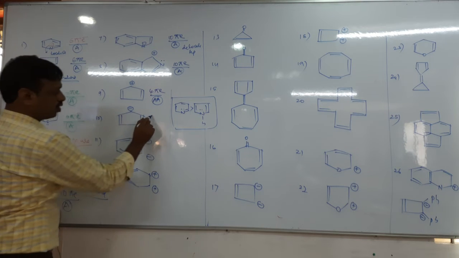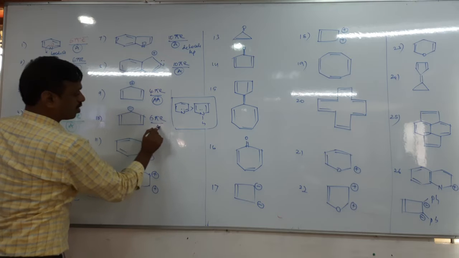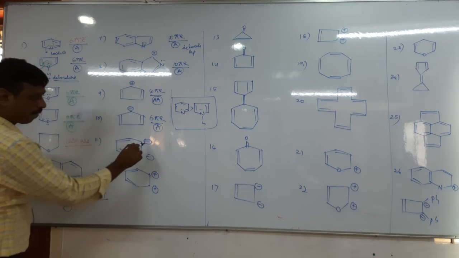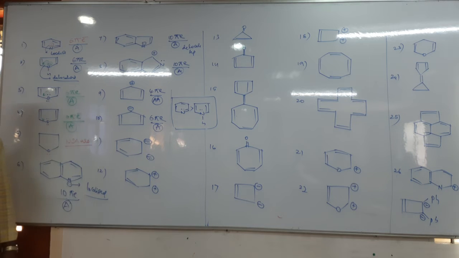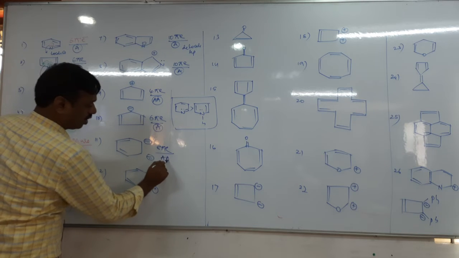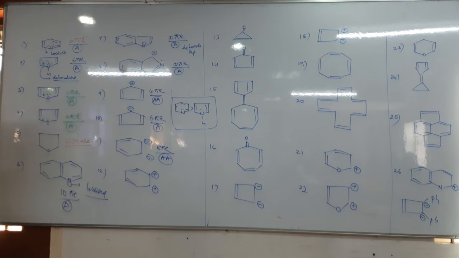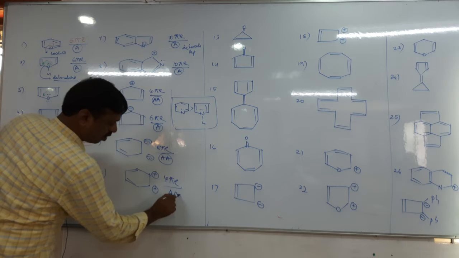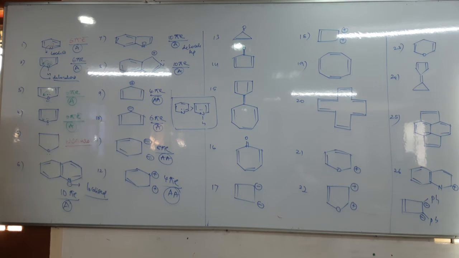Next, 6 pi electrons, aromatic. Next, how many pi electrons? So how many pi electrons? 8 pi electrons. It is anti-aromatic. Next, 4 pi electrons, anti-aromatic. 4 comes in anti-aromatic, no?